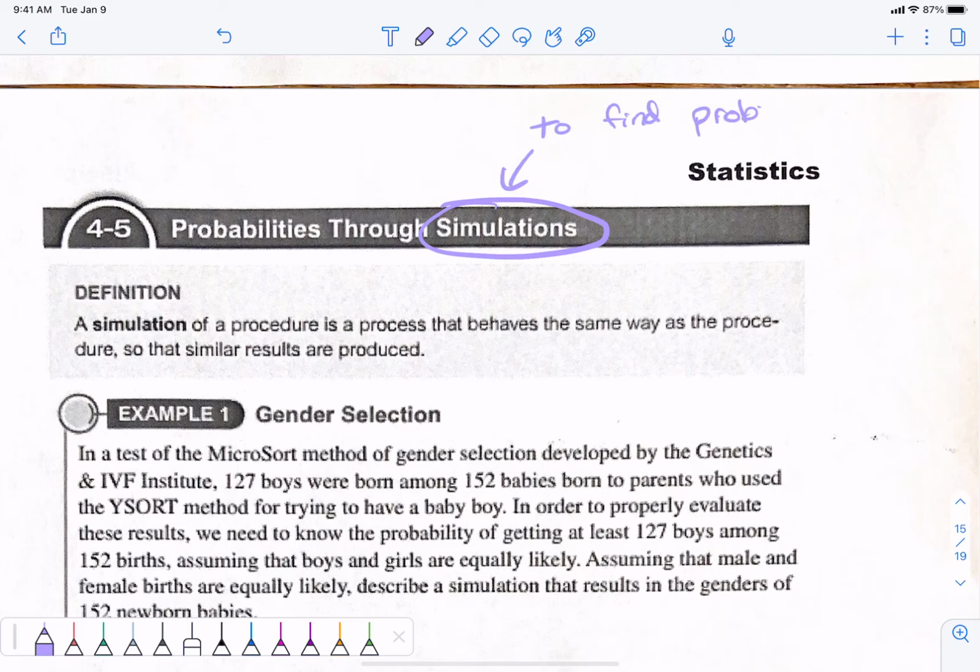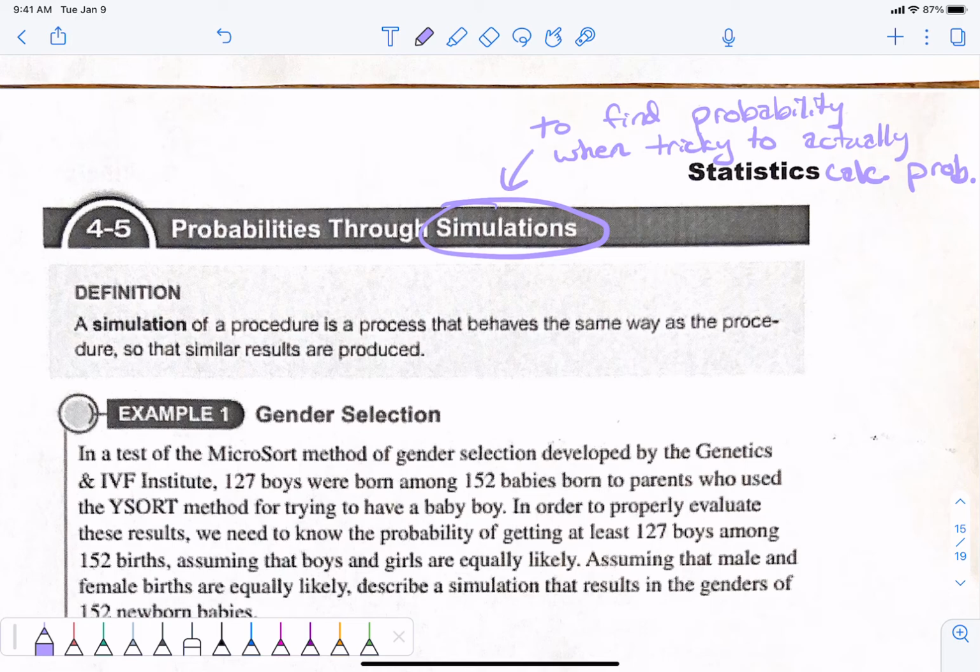We run simulations when probabilities are too tricky to calculate, and that's all we have to go off of. We just run simulations and try to figure out the chances that something is going to happen.